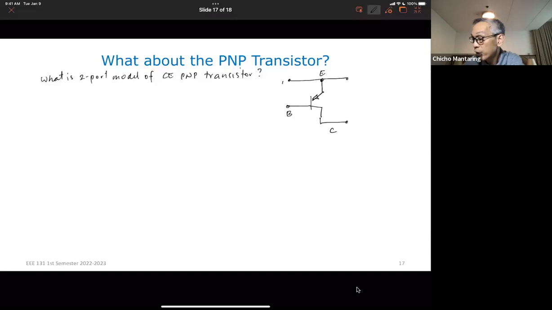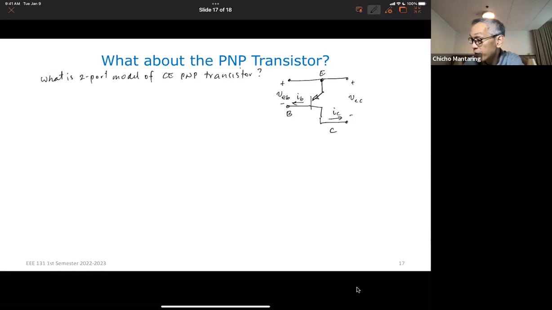So what you have here is instead of VBE, you have VEB. This is now small e, small b, a small signal. Here you have VEC. And then your current is this direction. This is i_b. And then your current here is this direction.